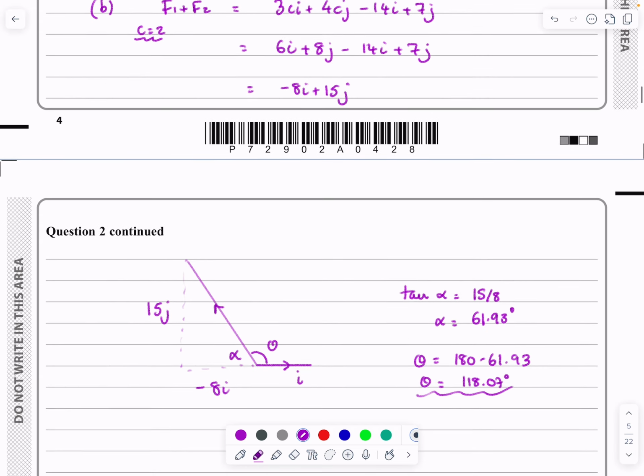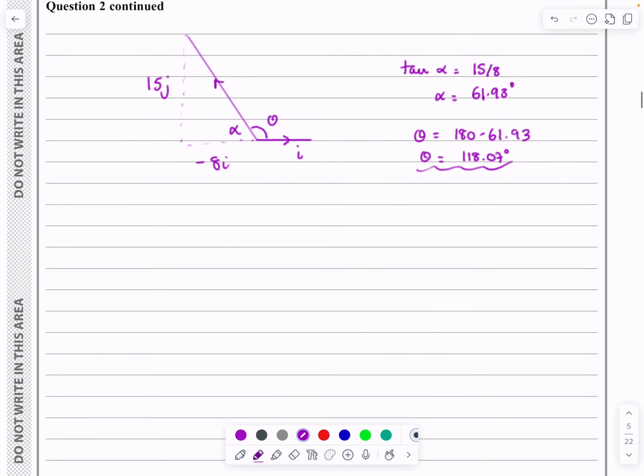What we need to do first of all is to say for part C, if F worked out to be minus 8i plus 15j, then what's the magnitude of F? The magnitude of F is simply going to be the square root of 8 squared plus 15 squared. That works out to be equal to 17.